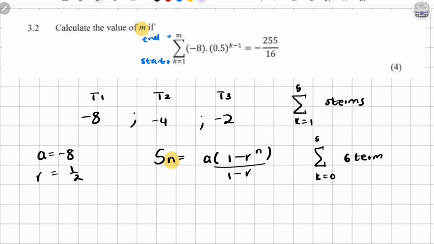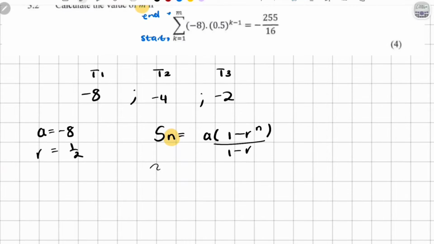So now do you see what you really have to be careful about is this. You have to be careful to check that k actually starts from 1. Then you can just safely say, okay, so whatever number I have here is literally my number of terms. So do you see that here k starts from 1? So we know that m is where we end and also the number of terms that we have.